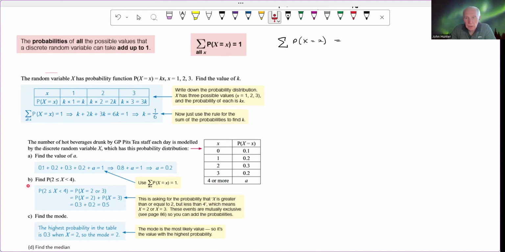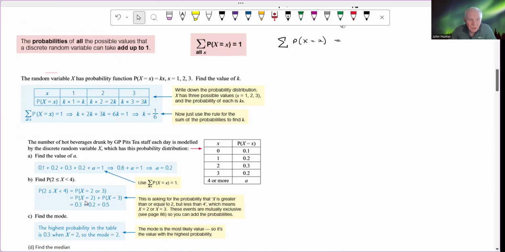Now, another thing we're going to be concerned with in finding these probabilities is finding probabilities in a range, not just specific values, but in a range of values. So here we're looking at this table now that we know this last value to be 0.2. Find the probability that the random variable is greater than or equal to 2 and less than 4.